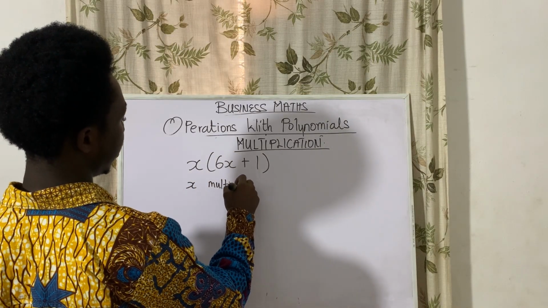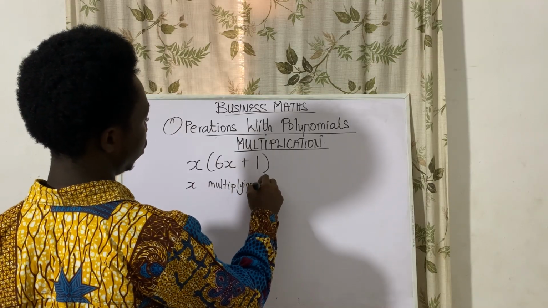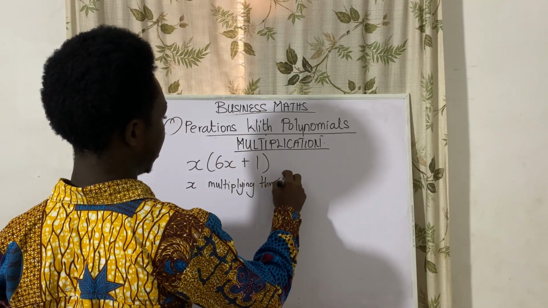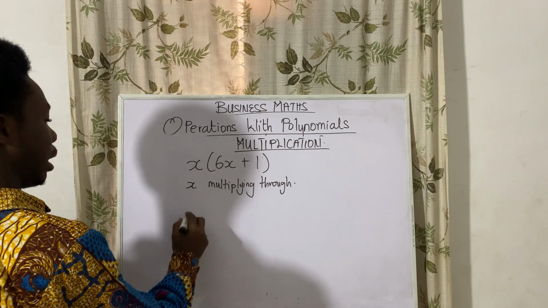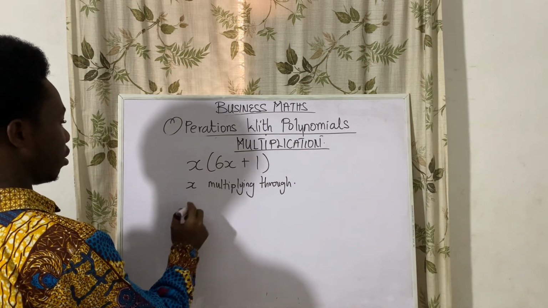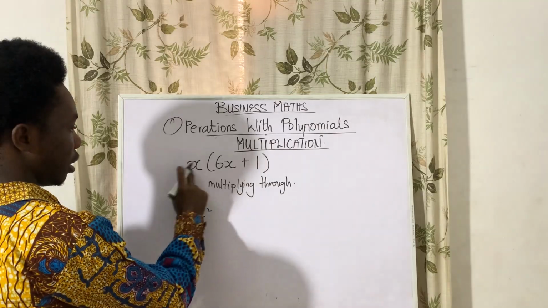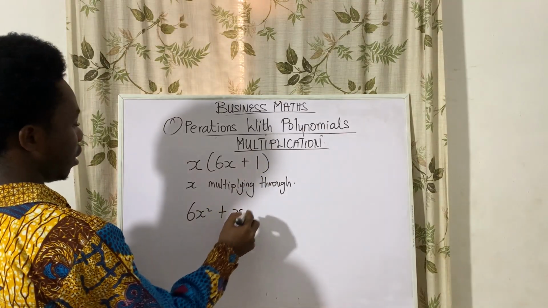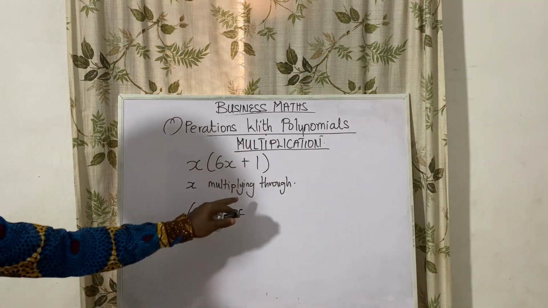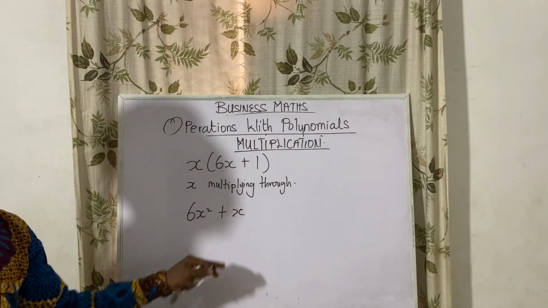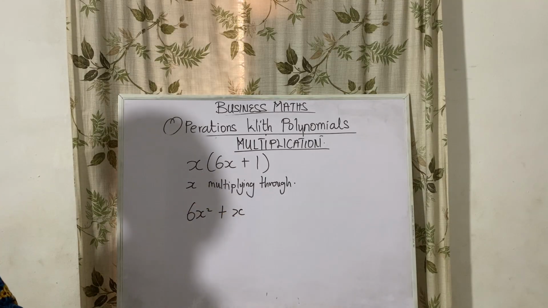So, multiplying through like this. So x times 6x, we have double x over here, so you are going to get 6x squared. Then this times this, you are going to get x. We didn't write 1x because in front of this, there is 1. So that's the same thing.